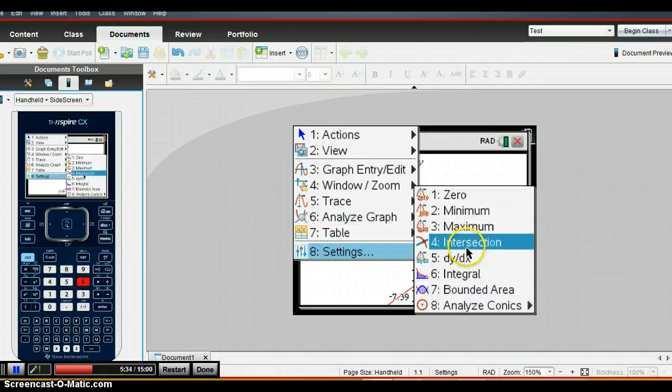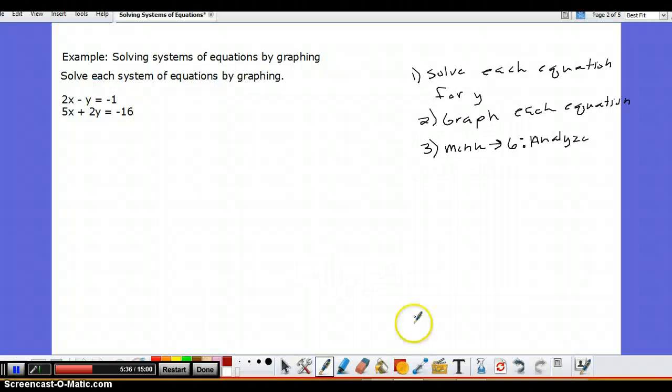We want number 4, intersection. What you will see at that point is a vertical line.